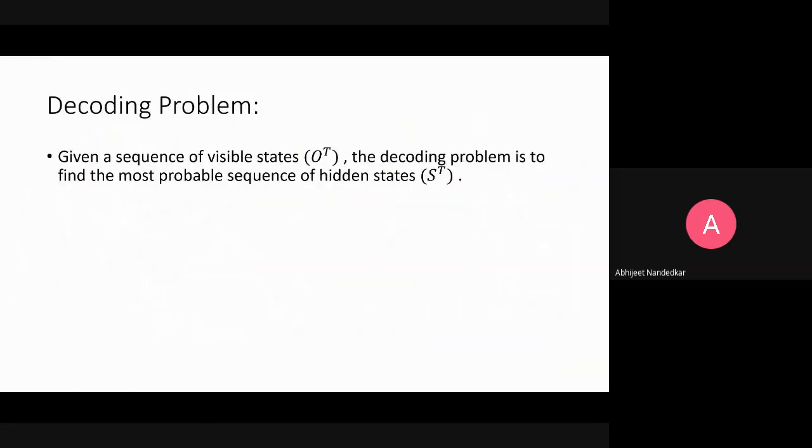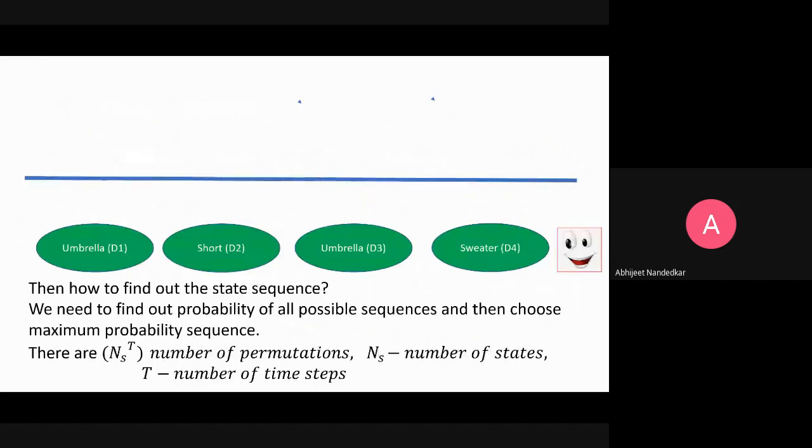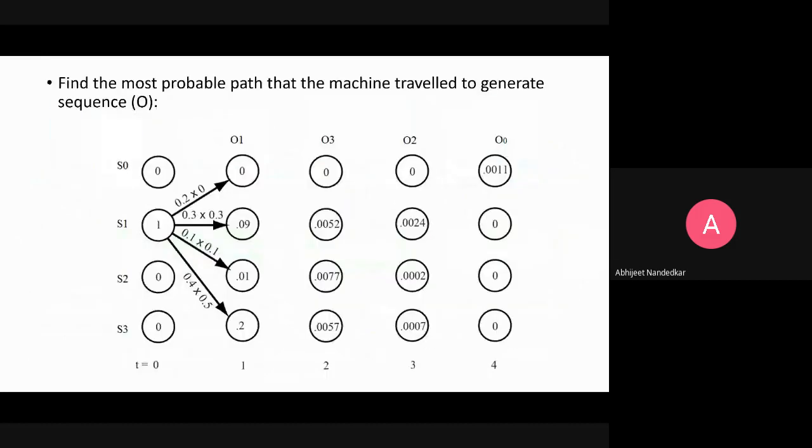Now when you go to the decoding problem, we have already seen the calculation of alpha. Now what we want is the likely state sequence that the machine has traveled to generate the symbols O1, O2, O1, O3, O2, O0.